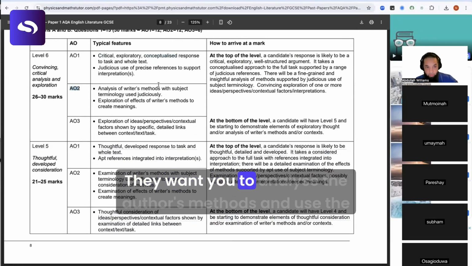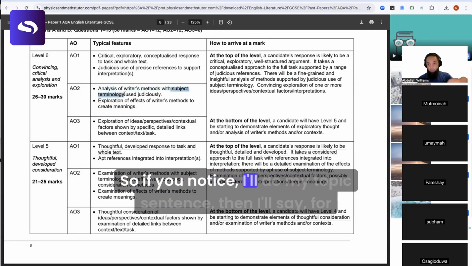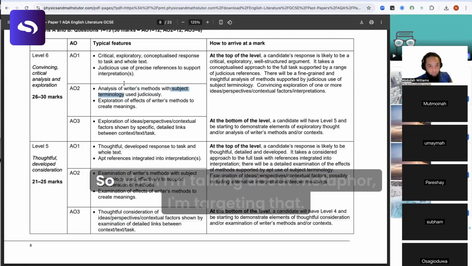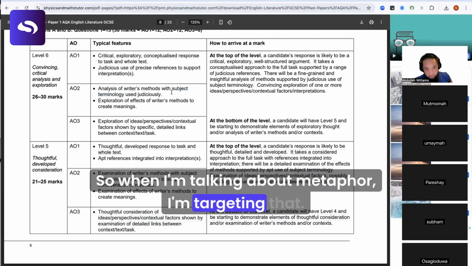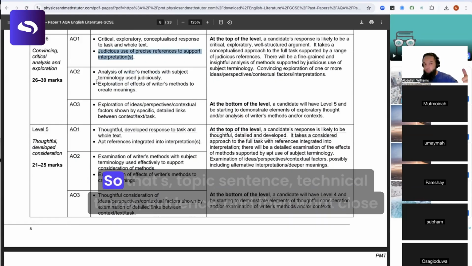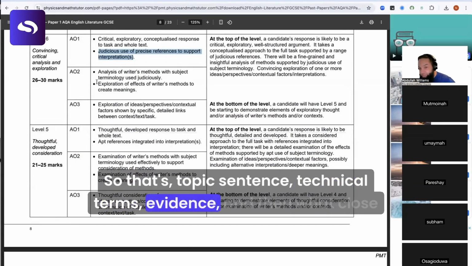They want you to analyze the author's methods and use the technical terminology. So I'll do my topic sentence, then I'll say, for example, the author uses a metaphor in this quote. When I'm talking about metaphor, I'm targeting that, and then the quote is targeting this, judicious, precise references. So that's topic sentence, technical terms, evidence, and then what?